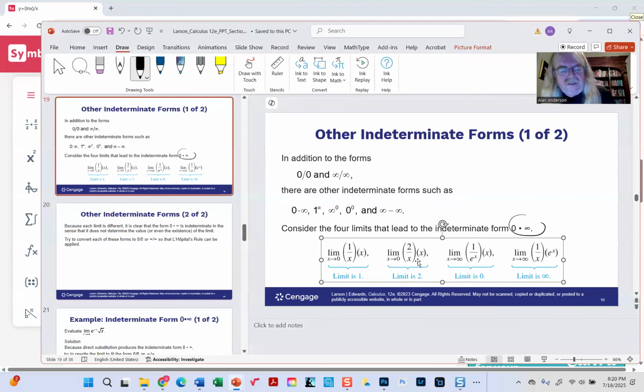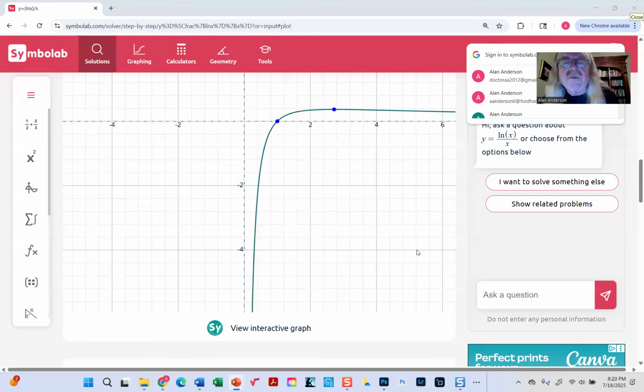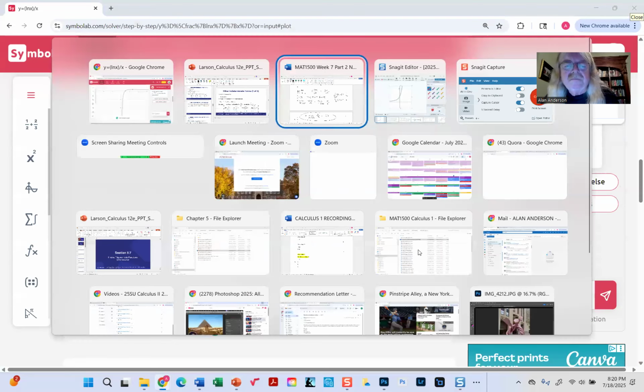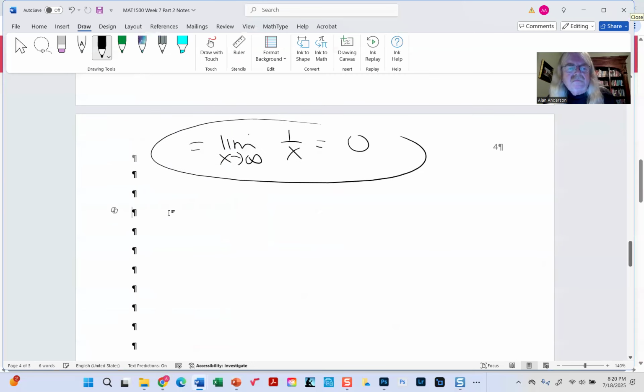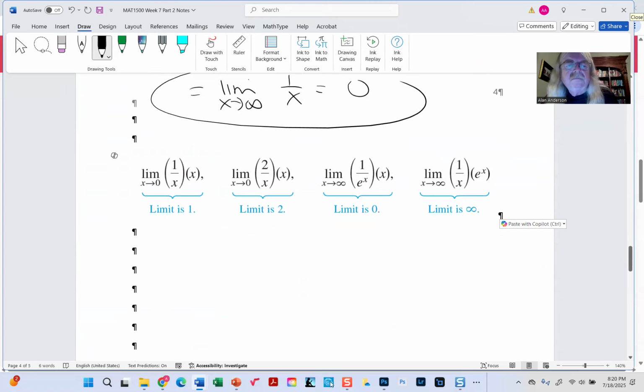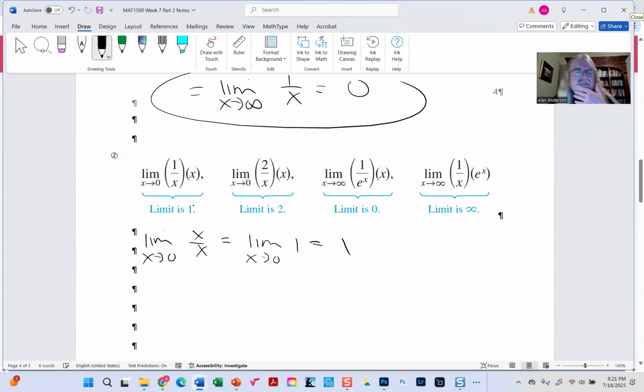Let's take a look at these. Sometimes it's just a question of rewriting it a little. It's like this one. Yeah, I think that one's pretty self-explanatory. And the second one is the same thing.